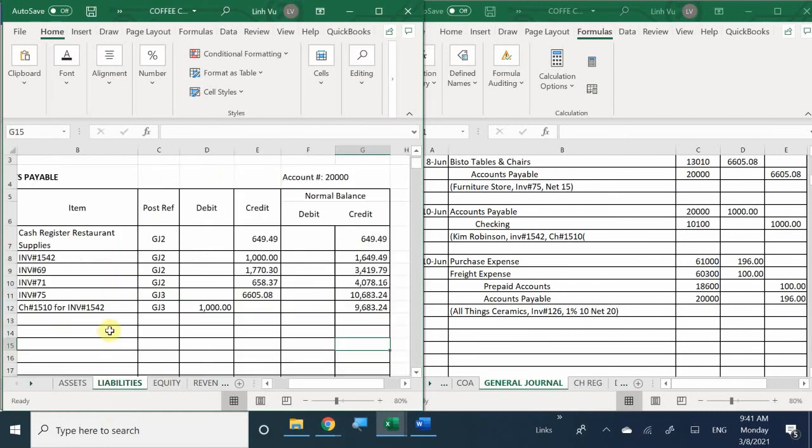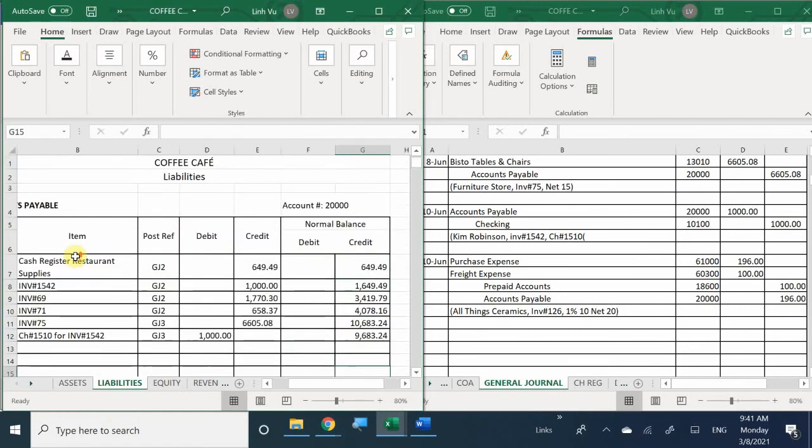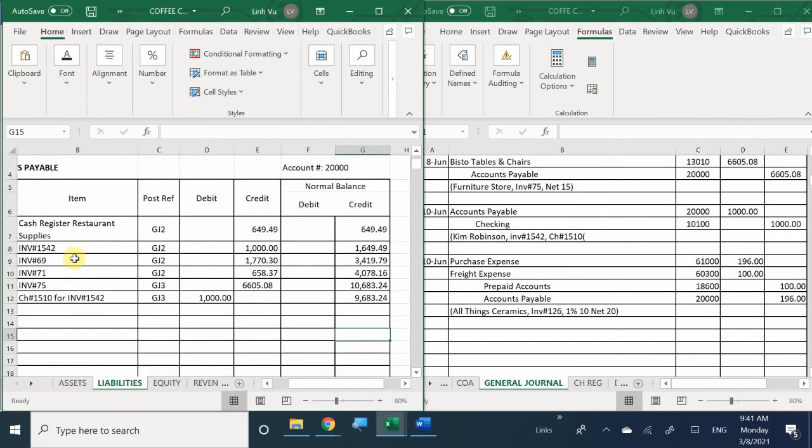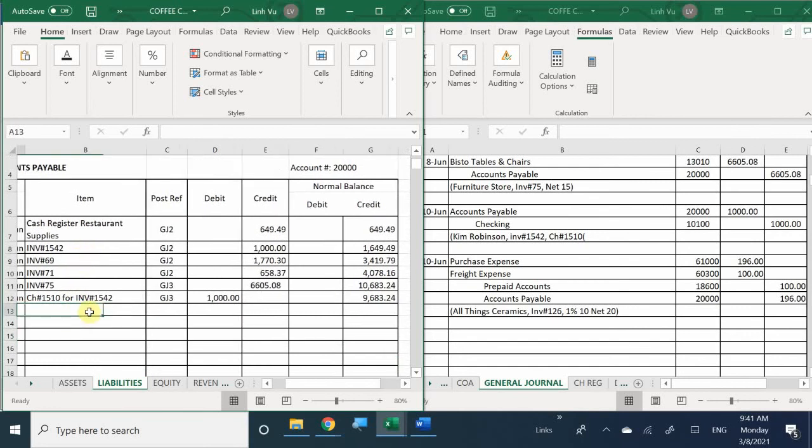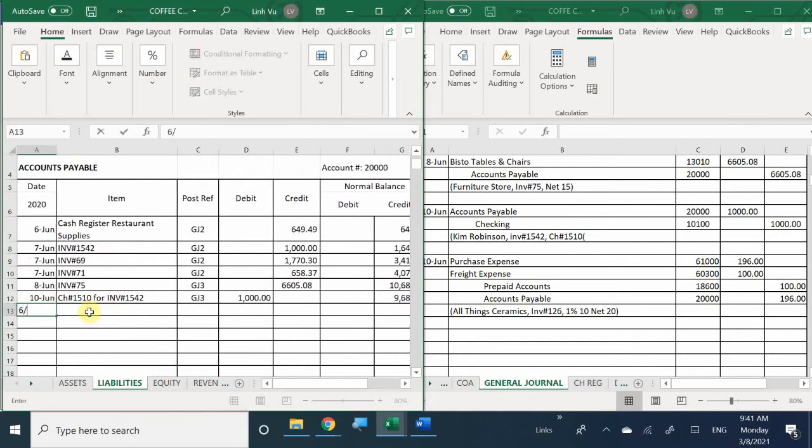Last but not least, I also have to edit my accounts payable, because now I owe more money. I received an invoice and I chose not to pay it just yet. Invoice number 126. So here you go. Now I owe an additional $196, because that's how much I owe now.